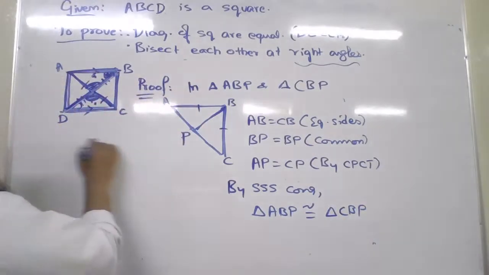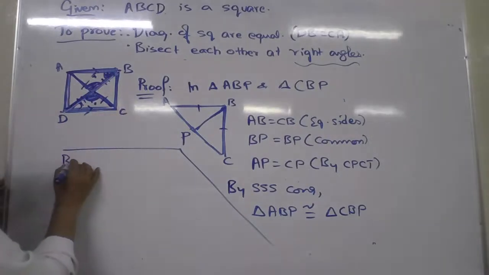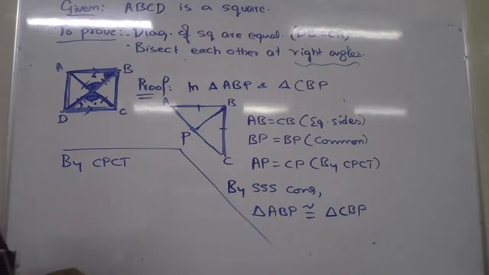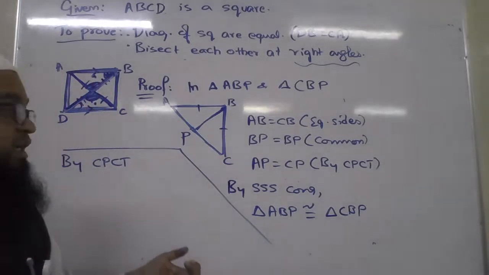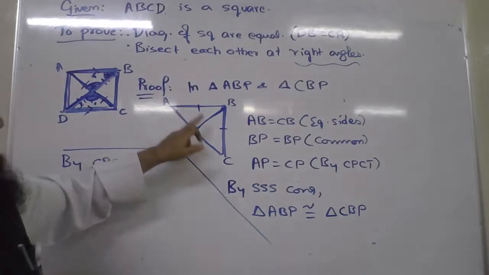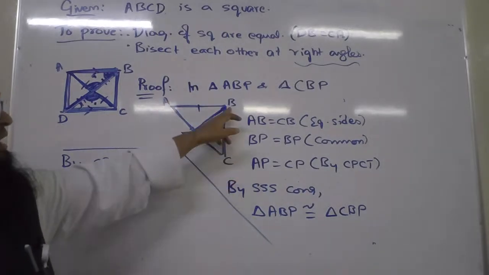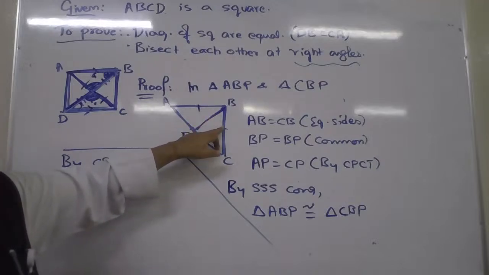So when you have proved they are congruent, by CPCT, what is left out? All three sides are there. Now three angles are equal. What are these angles? Angle A is equal to angle C and angle ABP is equal to angle CBP. That means diagonals are angular bisectors of any vertex.